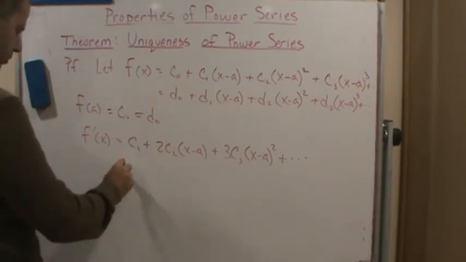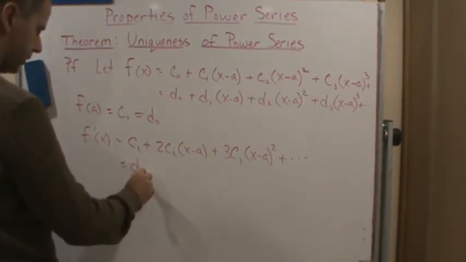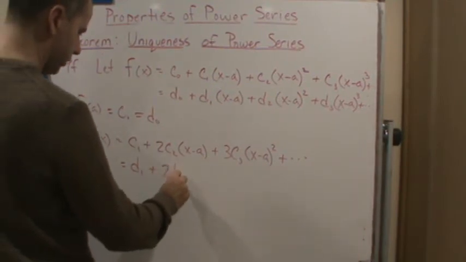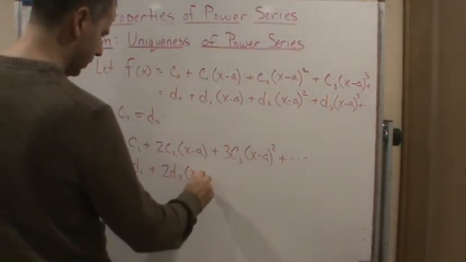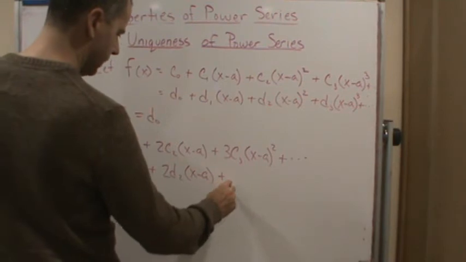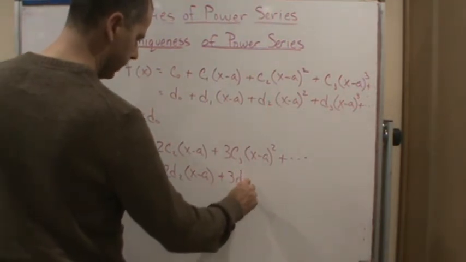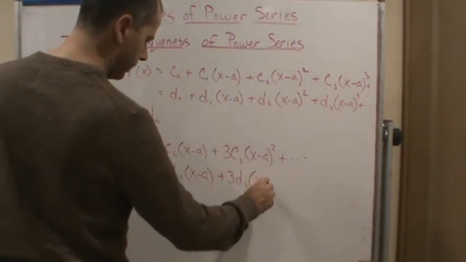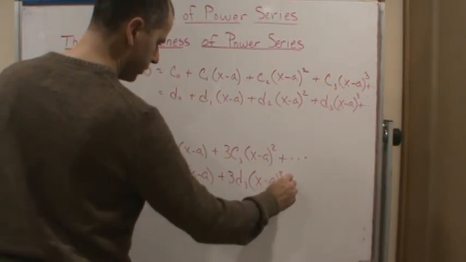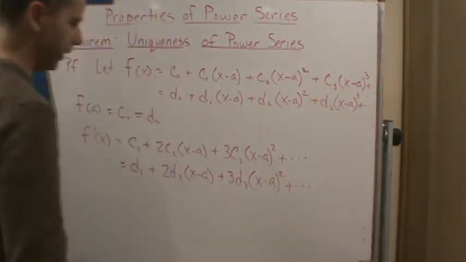And that also equals d sub 1 plus 2 d sub 2 times x minus a plus 3 d sub 3 times x minus a squared, and so on.